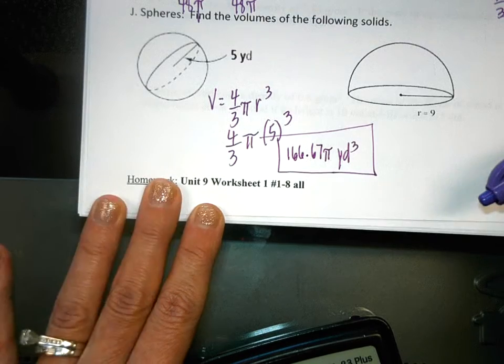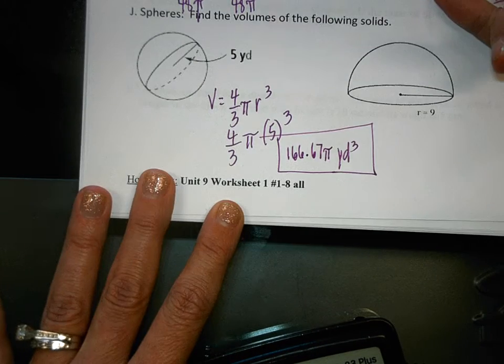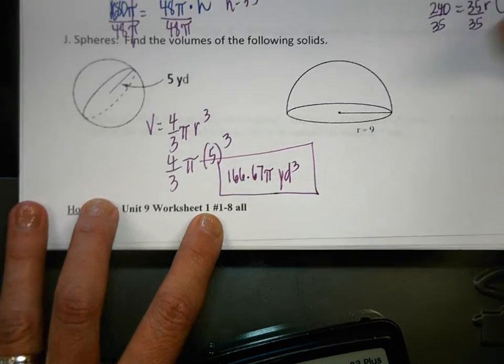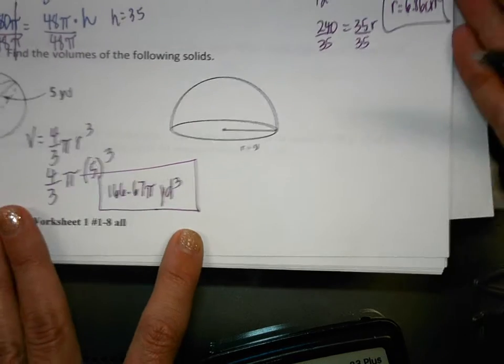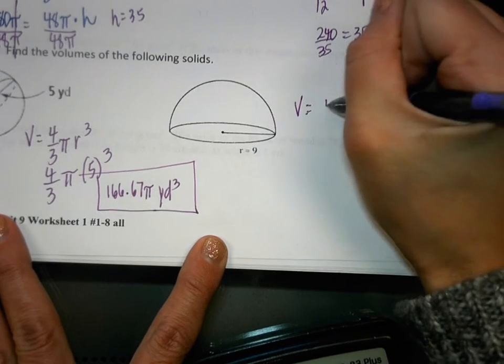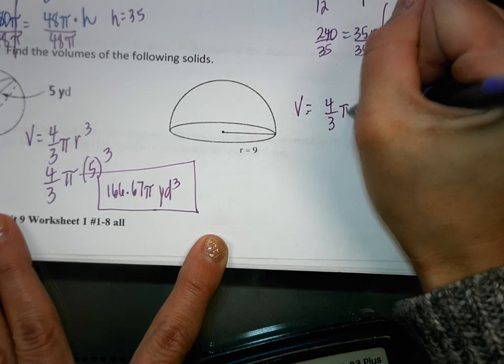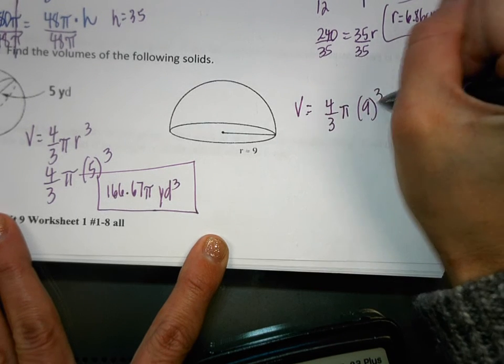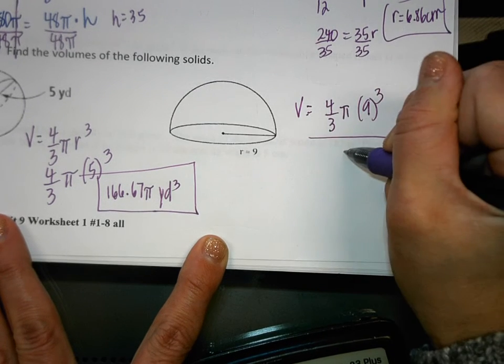Okay, if you notice over here, it's half of a sphere. And so volume, again, is 4/3 pi 9 cubed, because that radius is 9, and once you get that answer, you would divide it by 2.